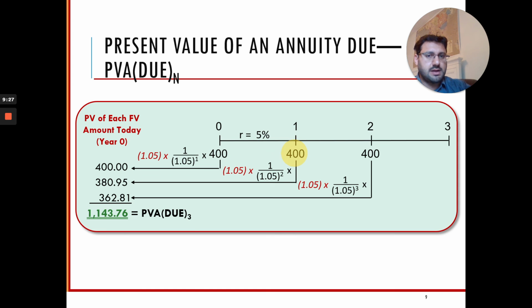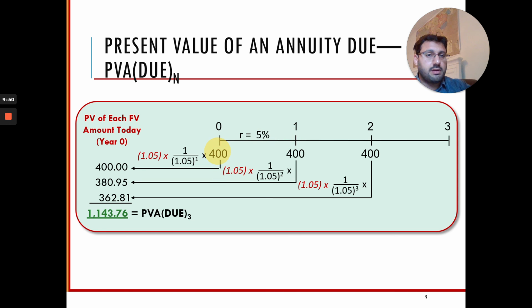The second one is at the beginning of year 2, and the third one is at the beginning of year 3. Remember, this is the end of year 2, which is the same as the beginning of year 3, right? After that you will not receive any payment, and this financial product is only offering you these annuity due payments for a 3-year period of time.